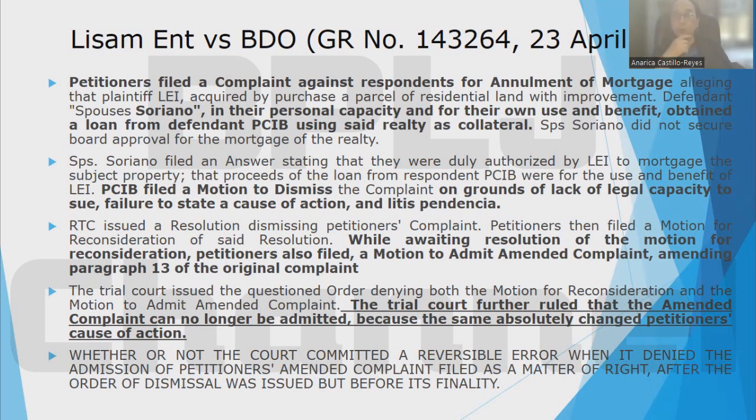While awaiting resolution of the motion for reconsideration, petitioners also filed a motion to admit amended complaint, amending paragraph 13 of the original complaint. The trial court ruled that the amended complaint can no longer be admitted because the same absolutely changed petitioner's cause of action.